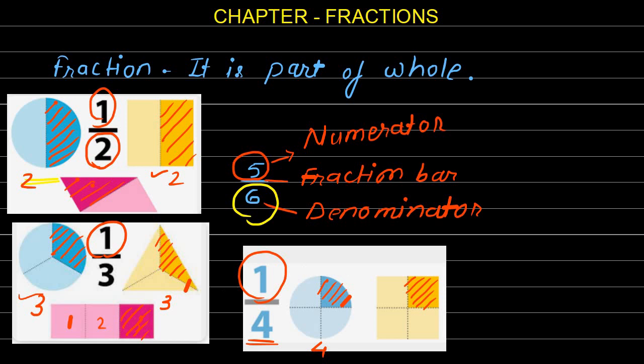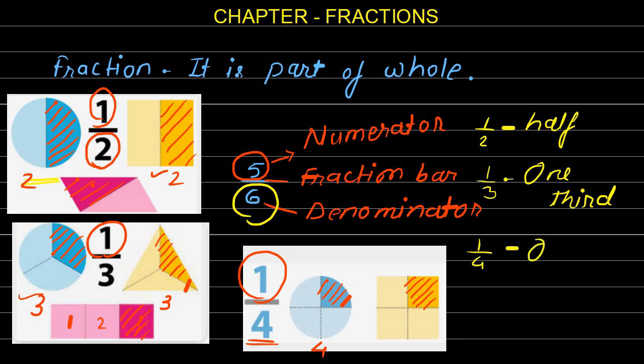Now there are some common names for these fractions. 1 by 2 is also called half, and 1 by 3 is also called one third, and 1 by 4 has two names: one fourth and quarter.